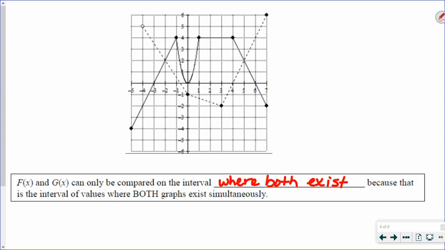Because that is the interval of values where both graphs exist simultaneously. F of x and g of x can only be compared on the interval where both graphs exist.